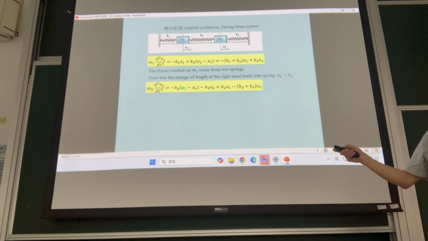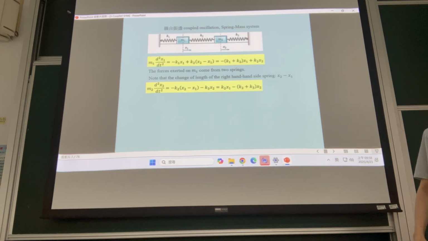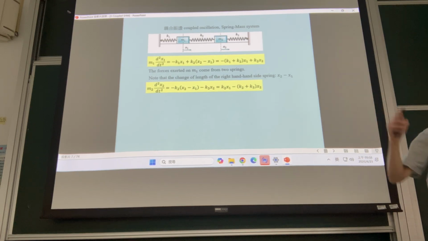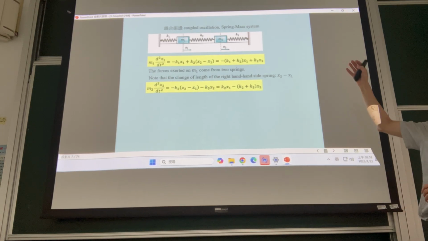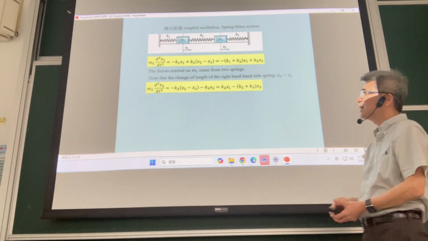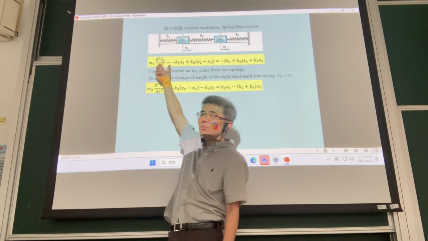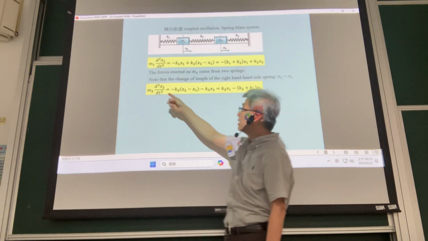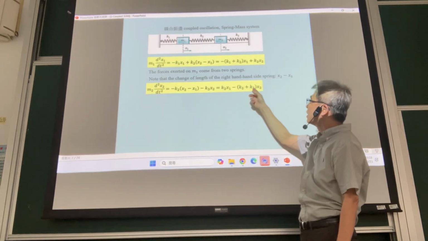Then I again collect all the terms related to x1 and x2 separately, and you get the equations of motion. A typical situation in coupled oscillation: you have two equations of motion, two ordinary differential equations, and usually they are coupled. When I say coupled, that means the equation of x1 will involve x2, and the equation of x2 will involve x1.